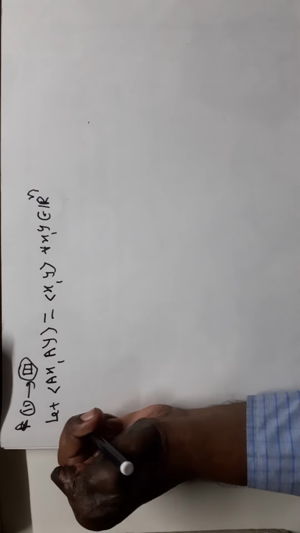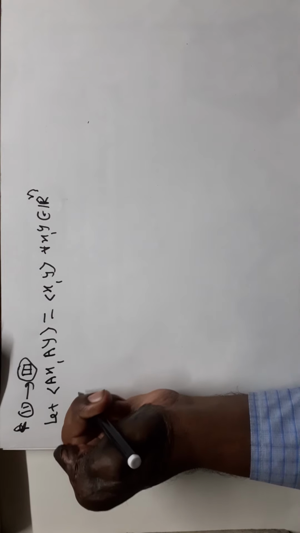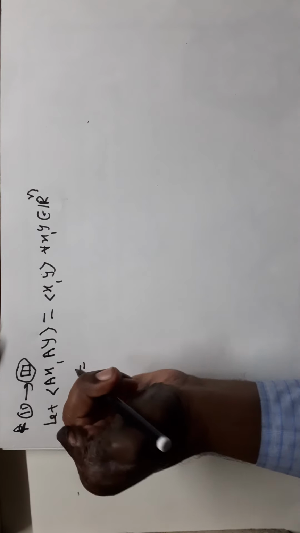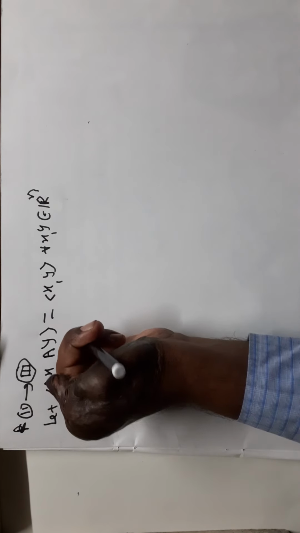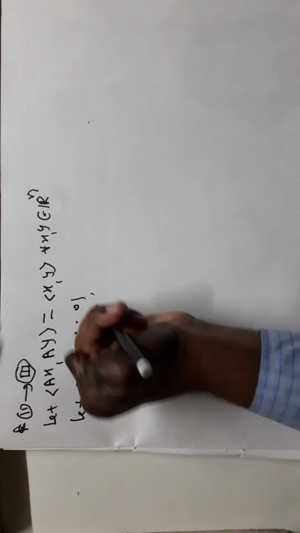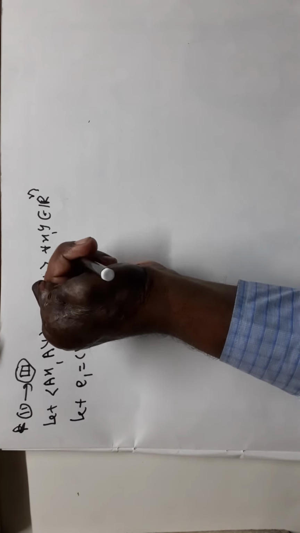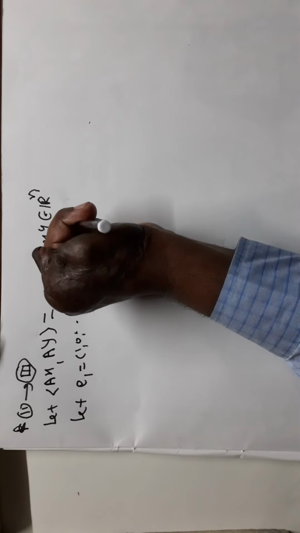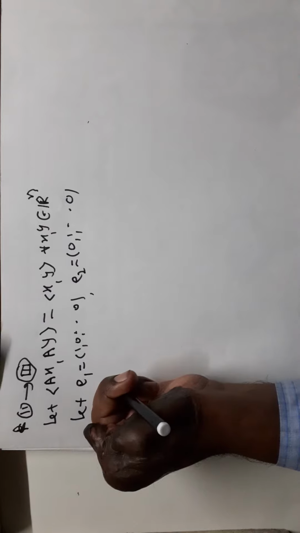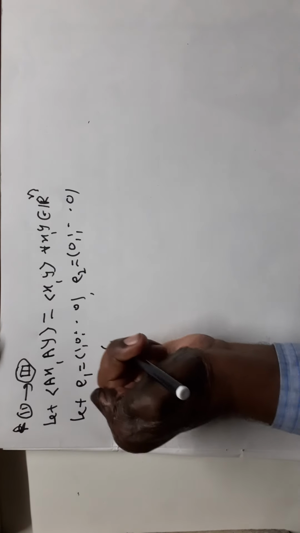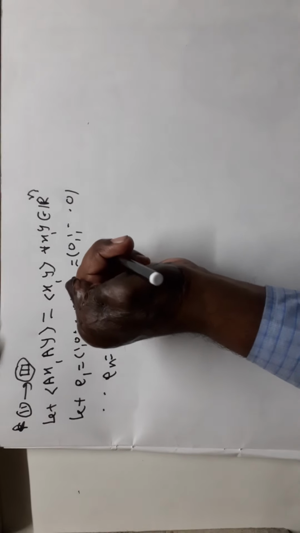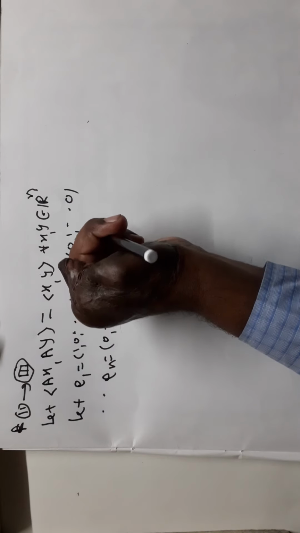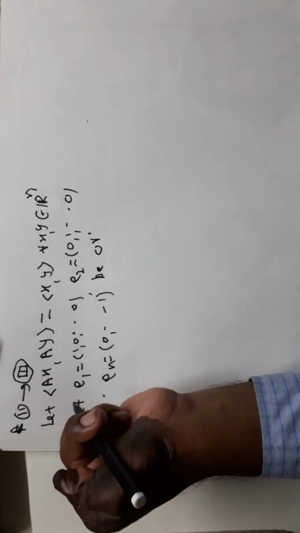Let E1 is equal to 1, 0, 0, E2 is equal to 0, 1, 0, 0, and En is equal to 0, 0, 1. This is an orthonormal basis of Rn.